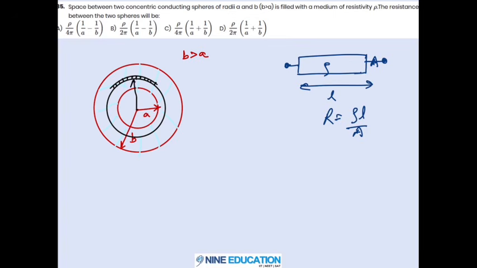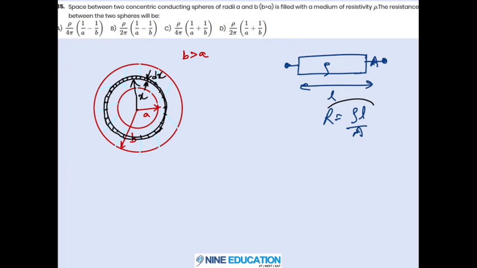So you can say this distance is x and this thickness is dx. Now look at only this small part whose thickness is dx. So I want to find out the resistance of this shaded region of thickness dx.